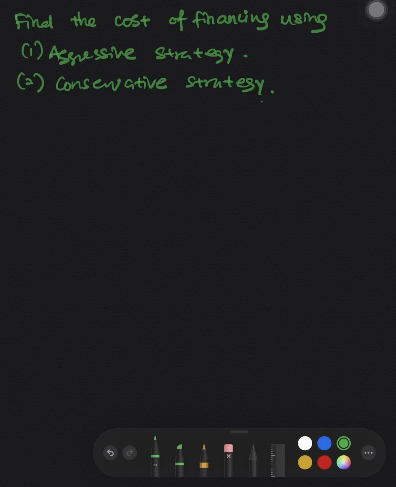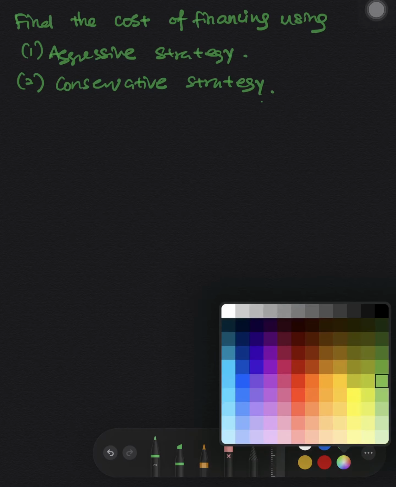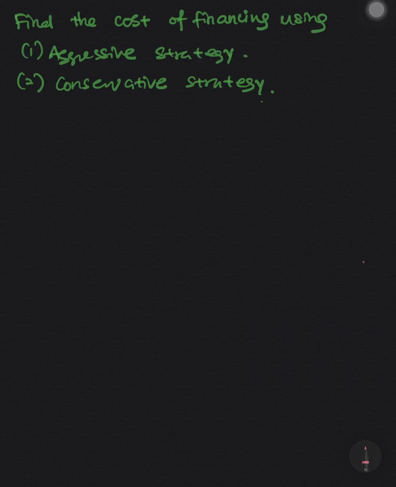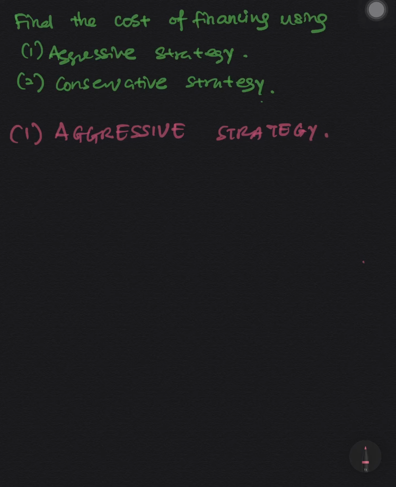Okay, now we provide the solution. Let's use the pink colour, nicer. So for the aggressive strategy, how do we calculate? Easy. Cost of short term financing.